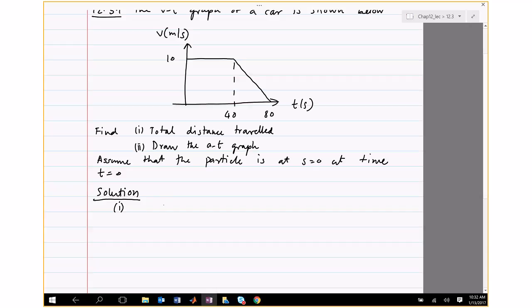Okay, the hint is: ds, which is S2 minus S1, is the area under the VT graph. So it boils down to finding the area under the velocity time graph.